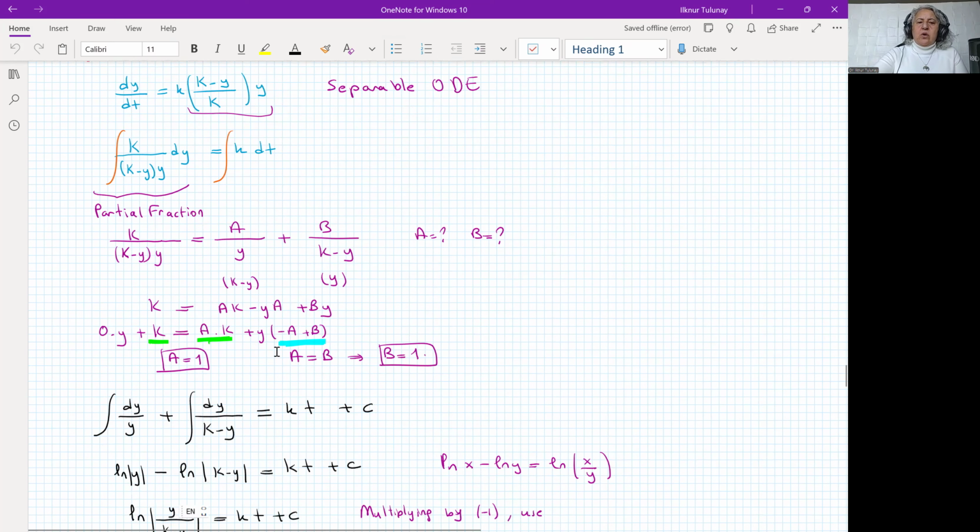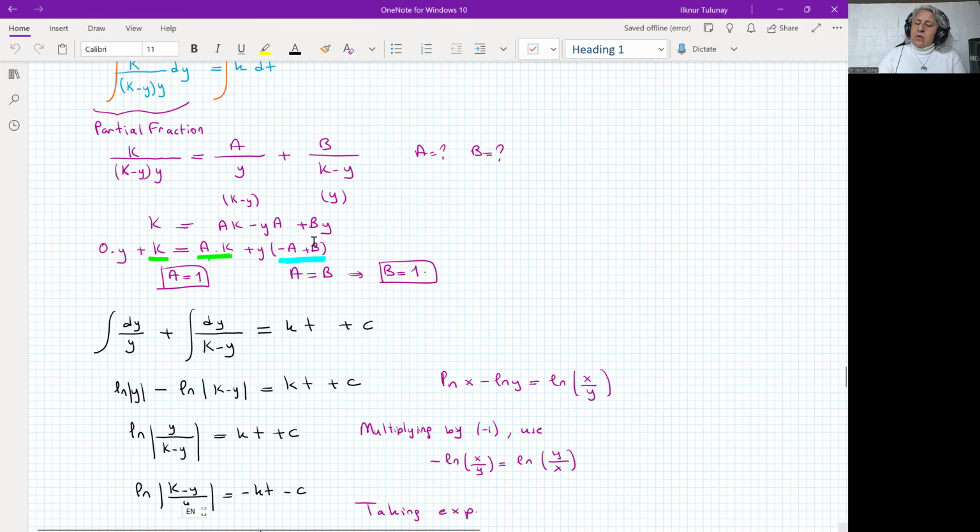The only thing you want to do for this part, I explained last week, but let me explain again. You are making this a polynomial with coefficient 0 for y, and this is the constant term. You make the coefficient of y equal to the coefficient of y on the other side, and the coefficient of K equal to the coefficient of K here, which is 1.